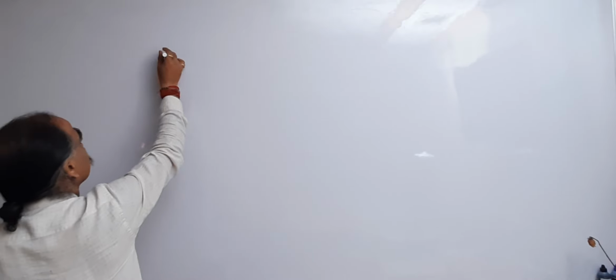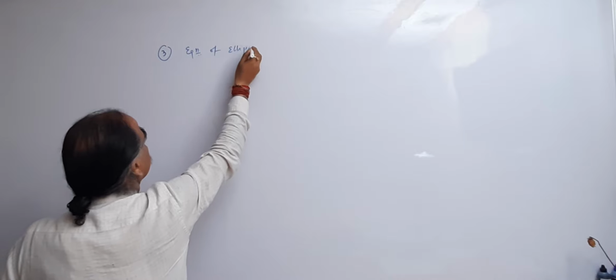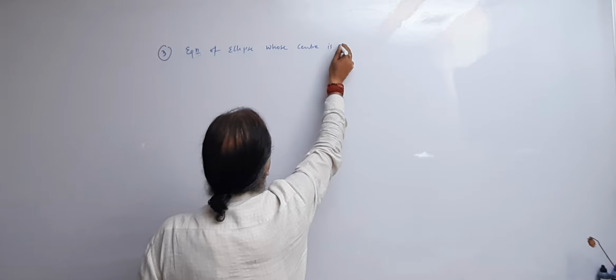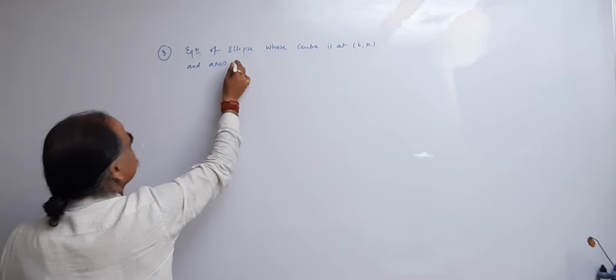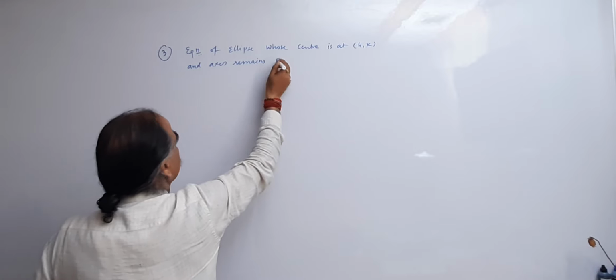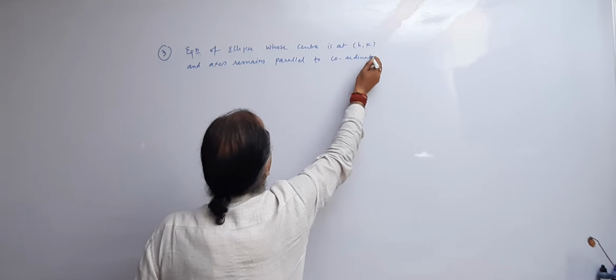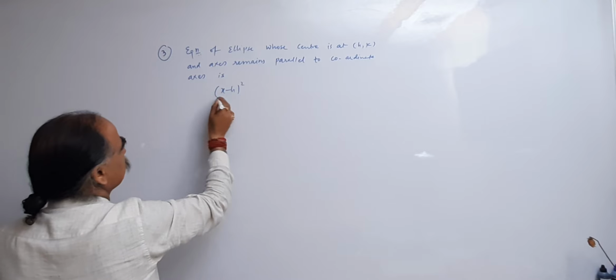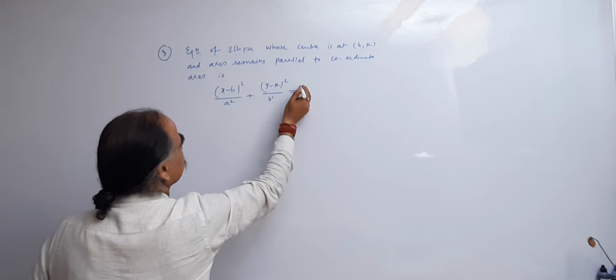Next point between the two ellipses. Equation of an ellipse whose center is at (h, k) and axes remain parallel to the coordinate axes is (x minus h) square by a square plus (y minus k) square by b square is equal to 1.